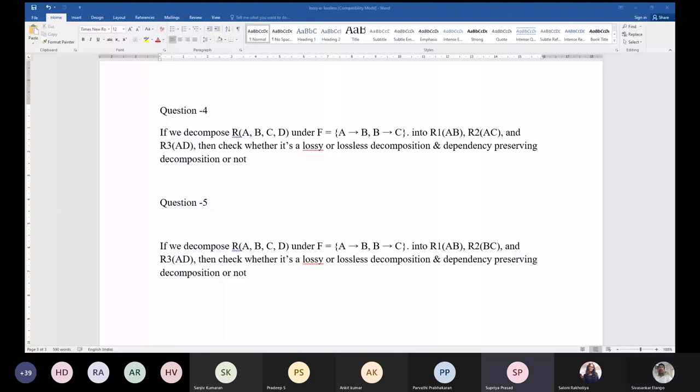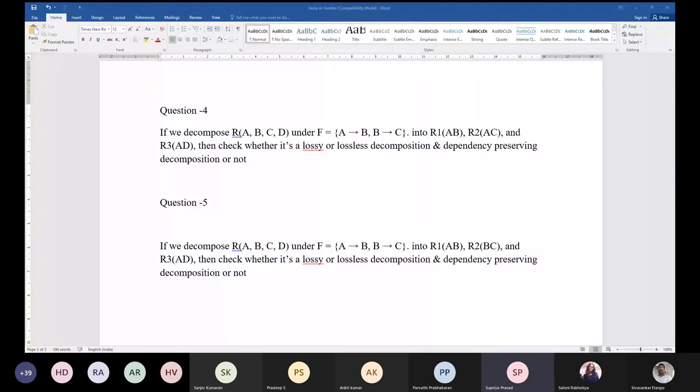So the conditions for lossless decomposition: if R is decomposed into R1, R2, up to Rn, then the union of all of them should be R. That is the first condition.